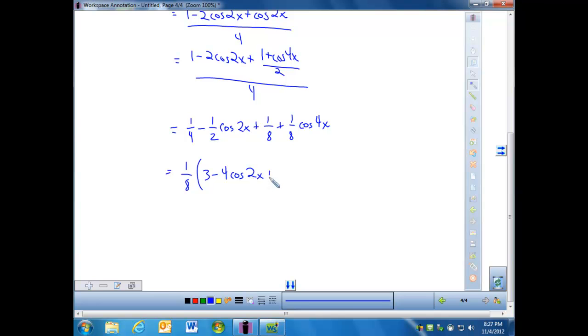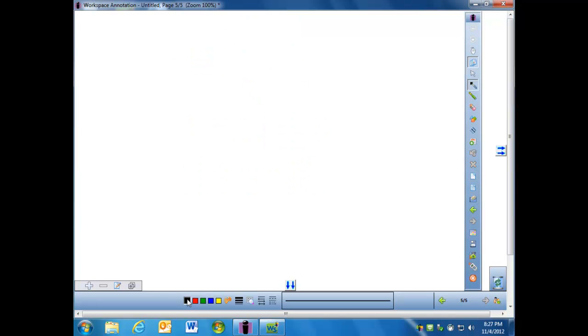I combine my 1/4 and my 1/8 to get 3/8. Pull that 1/8 out of each of those terms, and I have that. And that is the answer. That's us rewriting this thing without any squared trig functions. Again, what's the purpose of that? It's a great question. It's just a way to be able to rewrite some of these.